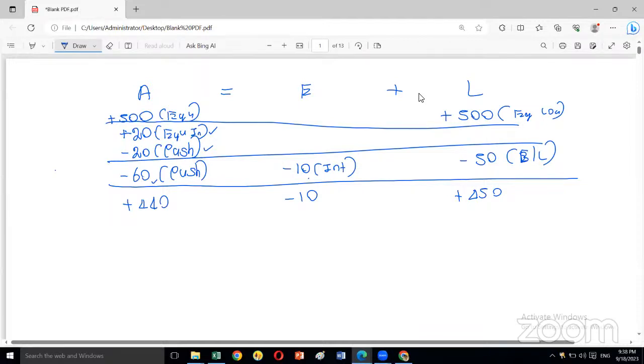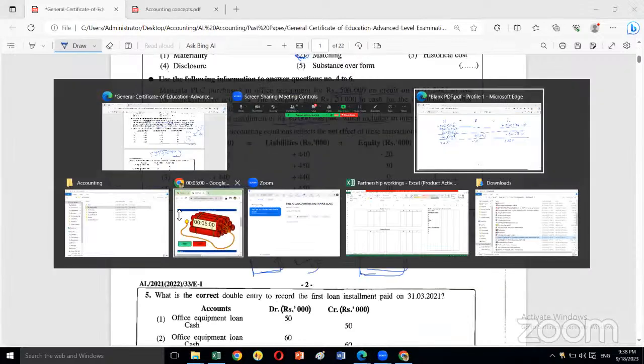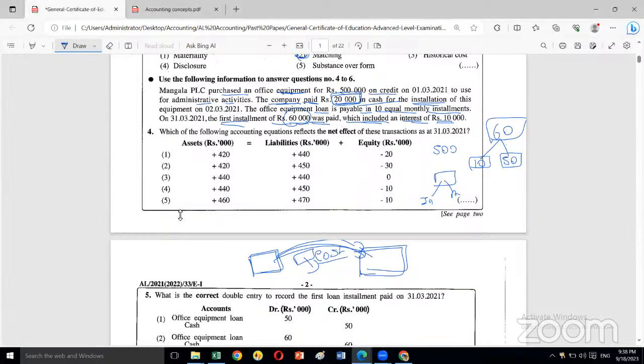Asset is 440. After that, liability 450. Yes, the fourth one is correct. Fourth one is the correct answer.